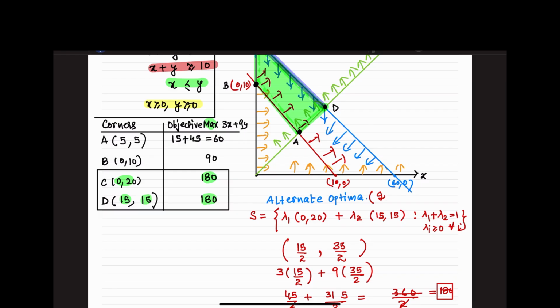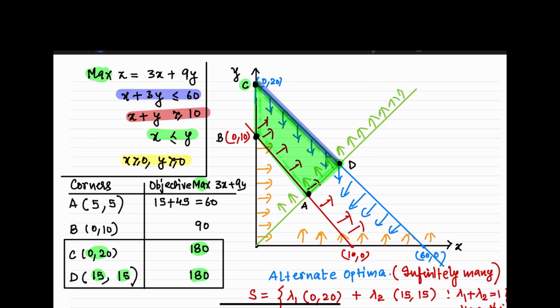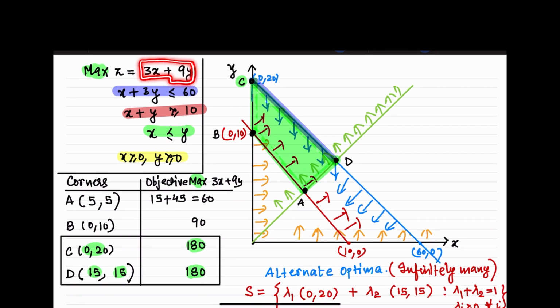So in fact you have infinitely many points of optima. Okay. This basically is a consequence of the following interpretation. See this constraint, the left hand side of this constraint, and see the objective. The objective is 3x plus 9y. If you multiply the left hand side of your constraint by 3, so what is the constraint?